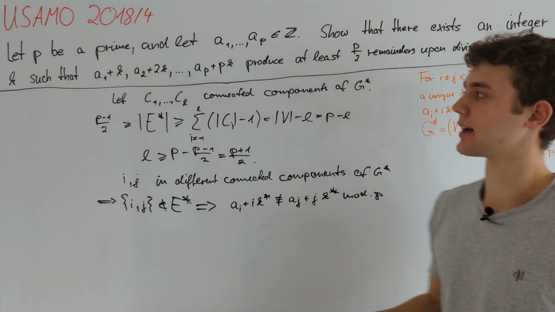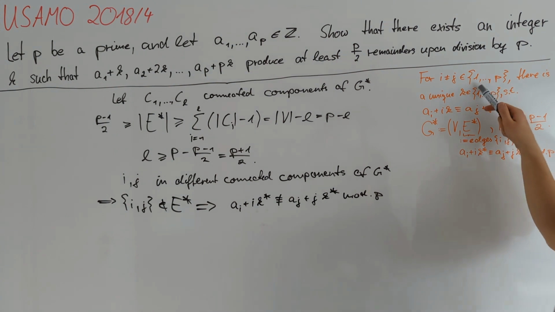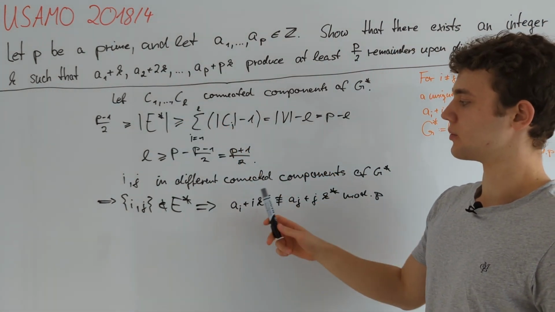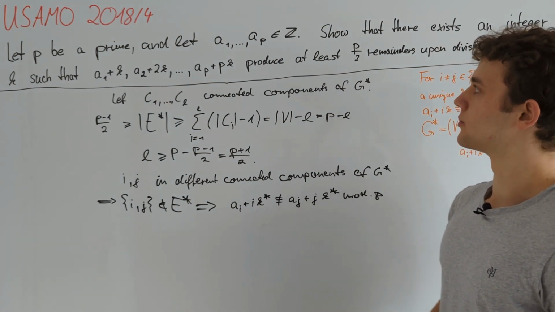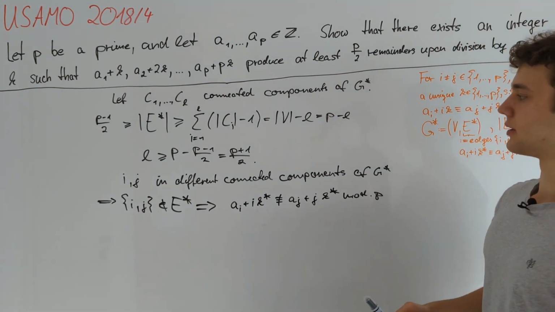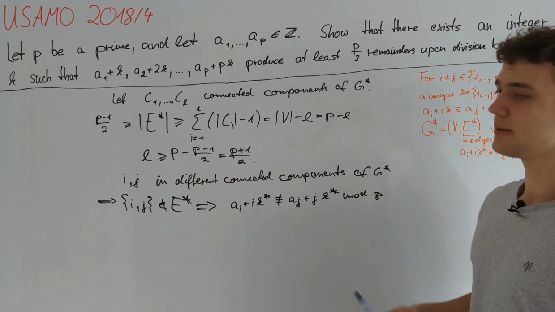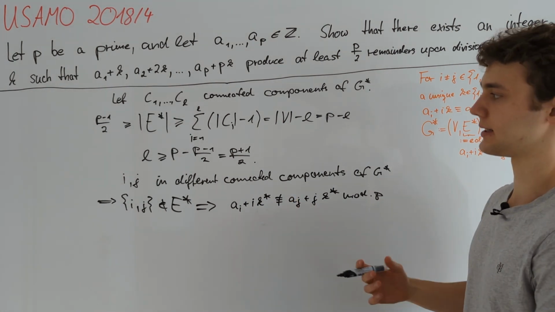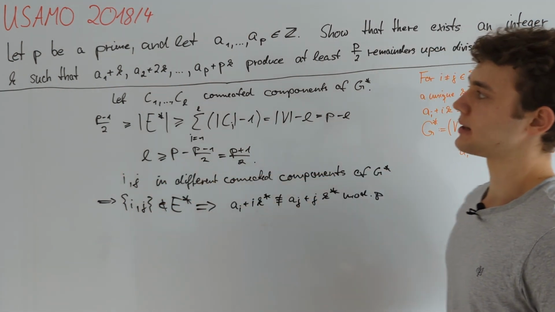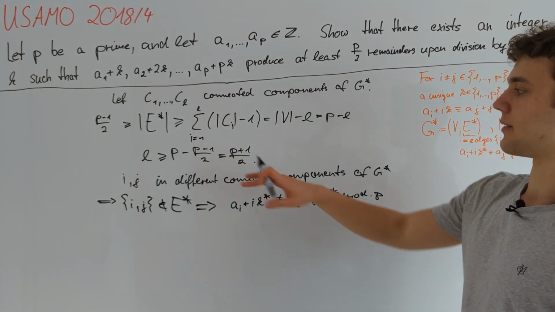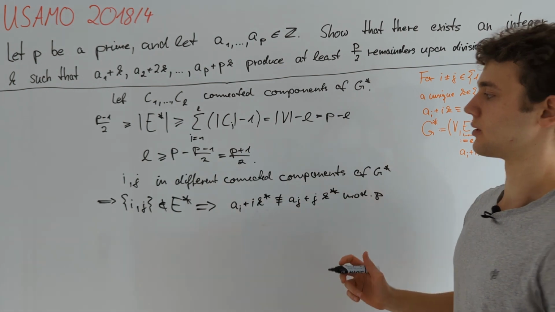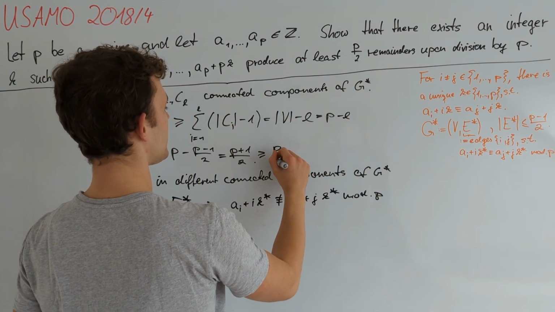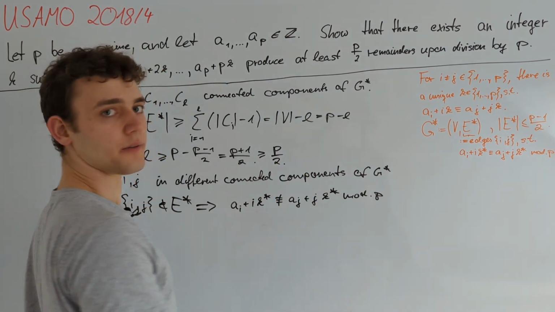So we can just take l different values from this set, namely one from each connected component, and from what we have here, this is going to produce l different remainders upon division by p, and therefore in total we also get at least, and in fact exactly, l different remainders upon division by p, which we have already bounded from below by (p plus 1) over 2, and that is of course greater than or equal to p over 2, which is what we wanted to show, and therefore we are done.